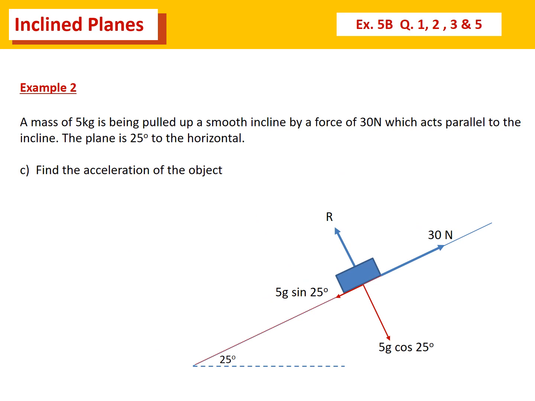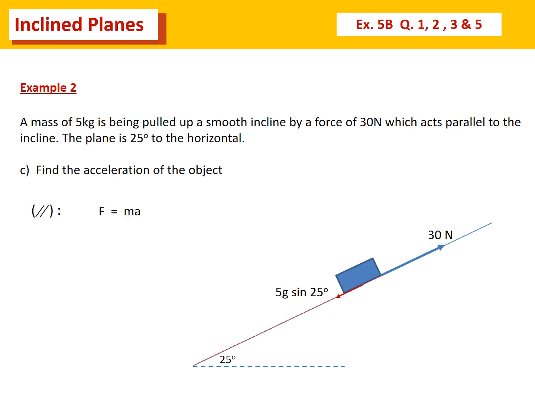Now in part C, find the acceleration of the object. Once again, we're working parallel to the plane. That's my notation for parallel. So we can remove the perpendicular forces, and we have two forces left, the 30 newtons pulling up and the 5g sine 25, which is the weight component, down the incline.